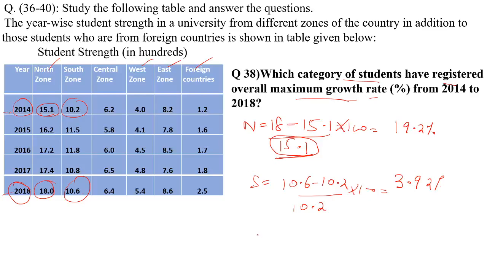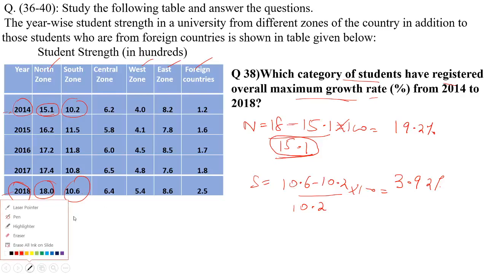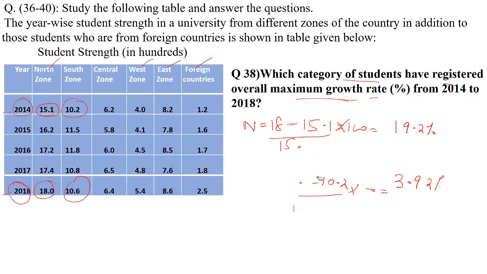Next comes for the south. Actually you didn't require it, sorry, I told you before, right? So you don't require the south one, you directly clear it. I'm sorry, I will write the value again here, 15.1.